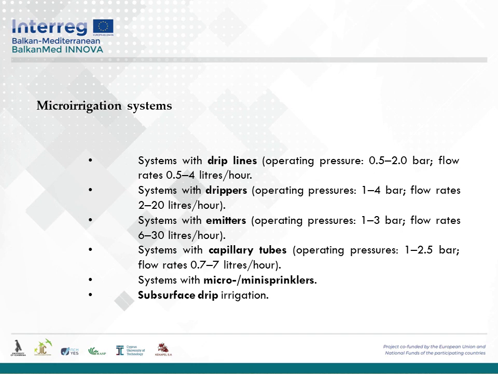Because of the low working pressure, or operating pressure, they spend much less energy compared to the common irrigation systems. As you can see from the slide, the micro irrigation systems are divided into drip lines, drippers, emitters, capillary tubes, micro or mini sprinklers, and subsurface drip irrigation. Each of them has its own characteristics and might be used for different purposes.